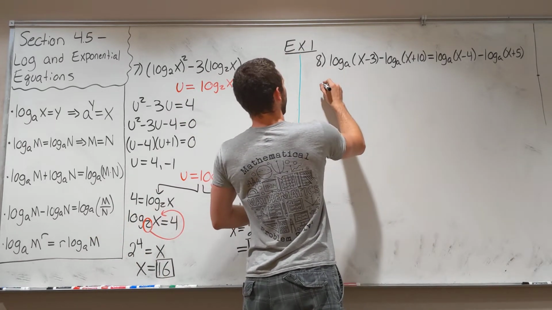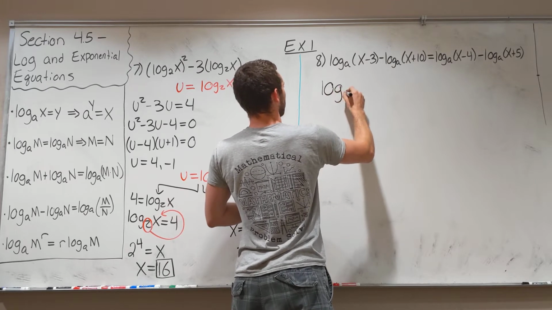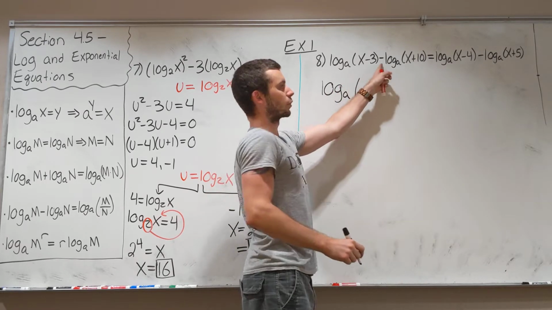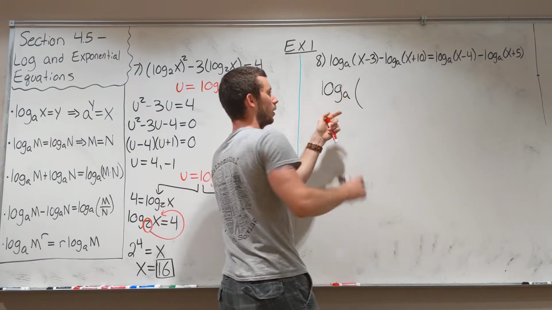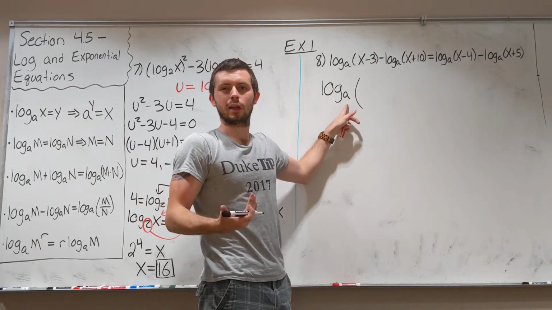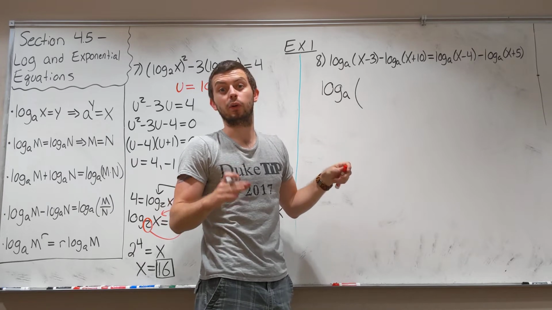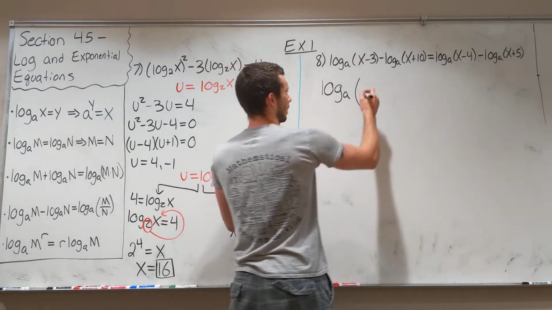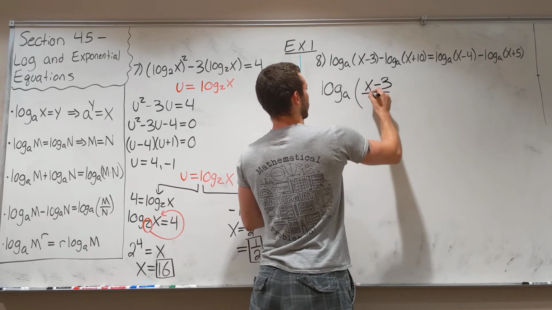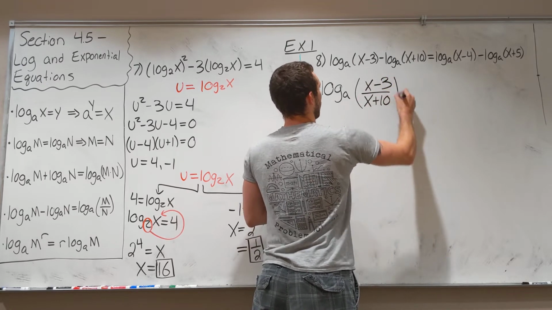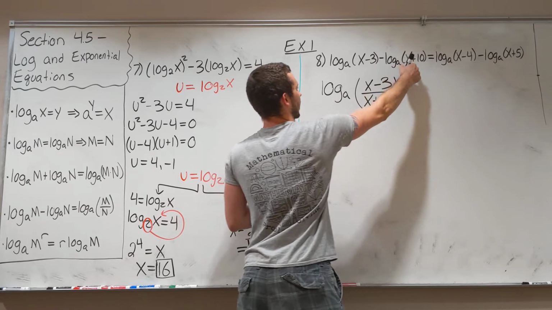So let's go ahead and do that. So the quotient rule, because of the minus, we can combine those, and this is log base A. We don't know what A is, but we don't need to know what A is, as we'll see in a bit. But the quotient rule tells us the x minus 3 goes on top, the x plus 10 goes on the bottom.